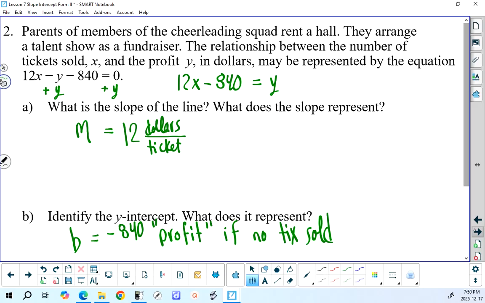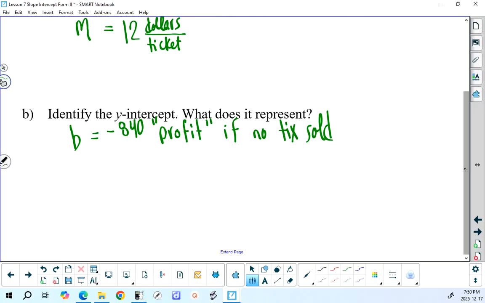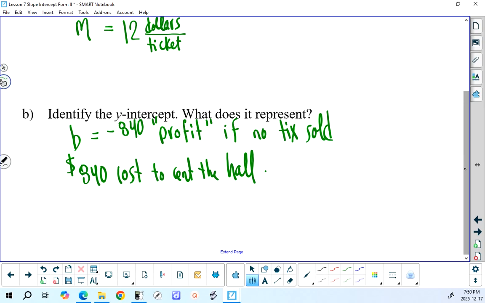I guess maybe the event is canceled and they have to refund all of the tickets. I'm not sure. But getting back to the question, what that negative 840 means, since it's a negative number, it's not really profit. It's probably that $840 is the cost to rent the hall. It's the amount of money they're putting up front in order to create the event, and they have to sell enough tickets to overcome that.